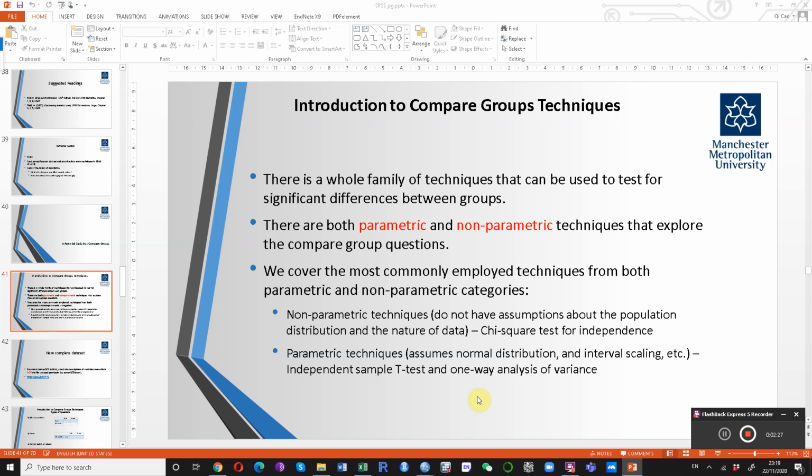The only difference here is basically the parameter is not interpreted as in the parametric techniques.